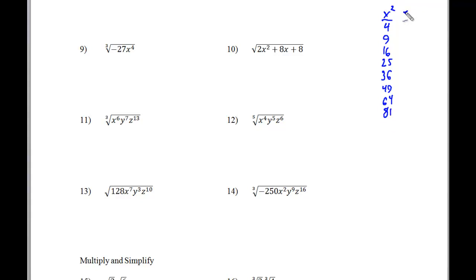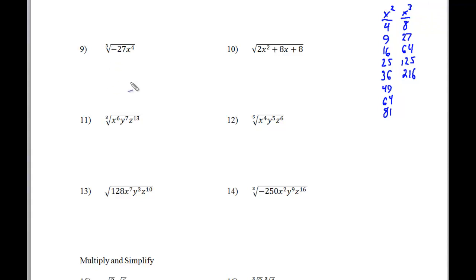And the commonly rootable cubic numbers would be 8, 27, 64, 125, 216. And we'll put up some x to the fourths and x to the fifths in case we need them.